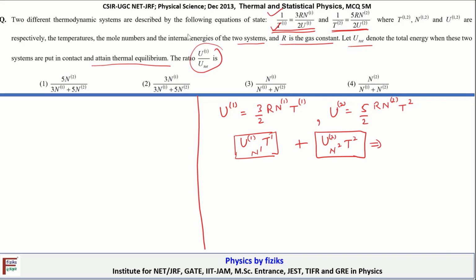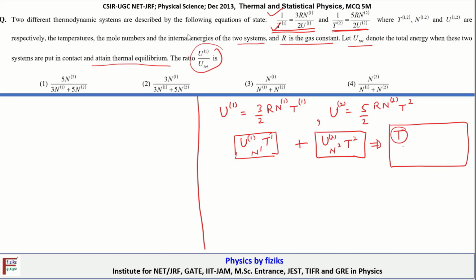When these two systems are combined together, they form one big system, and let's say the final temperature of this combined system is T. Basically we need to determine the final value of temperature.